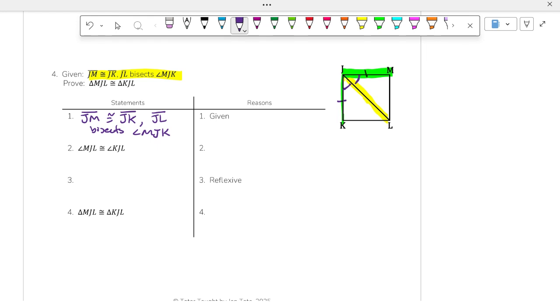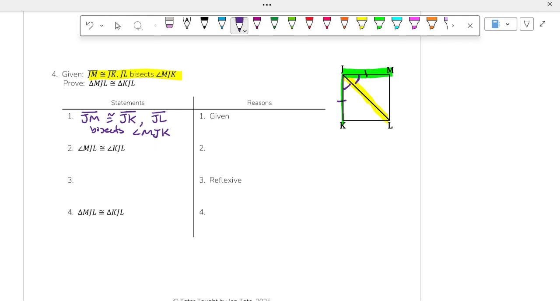Is that true? Yes or no? Yes. Because here is MJL and here is KJL. Those are the same 2 angles that they already listed for us.